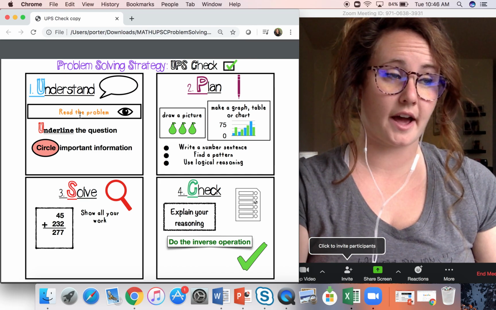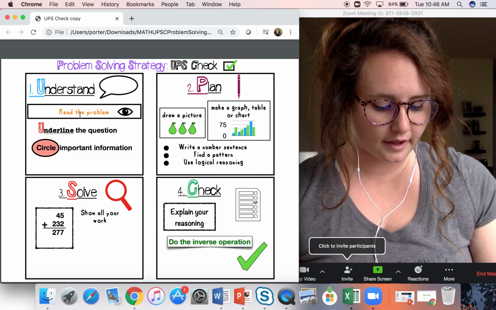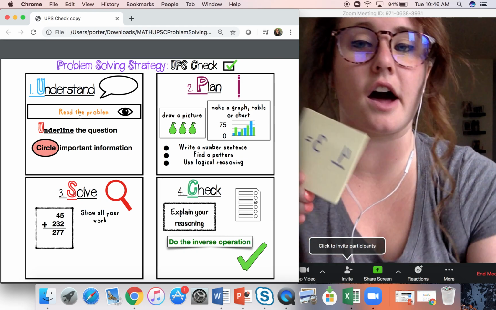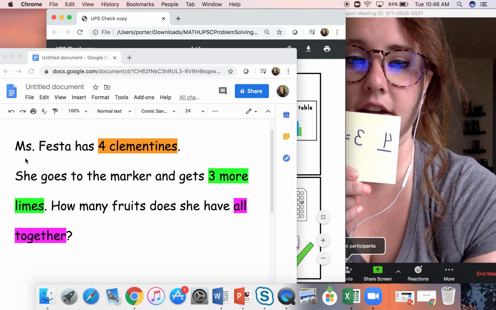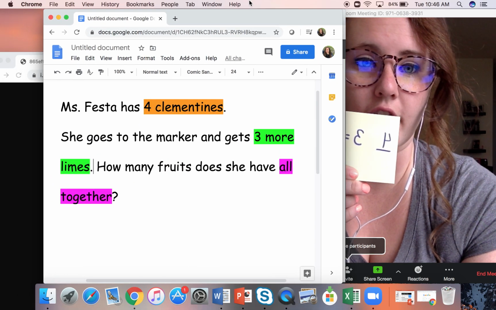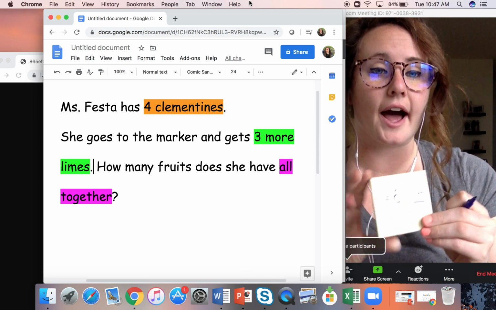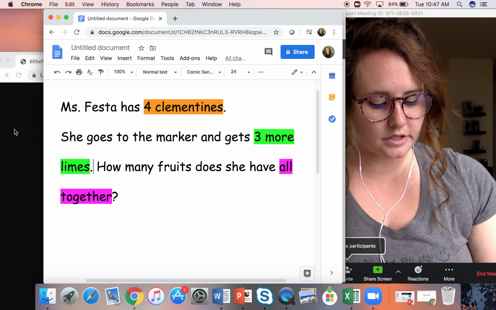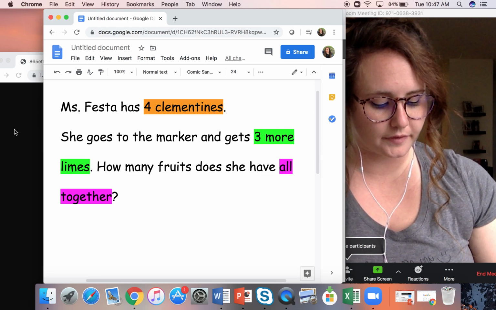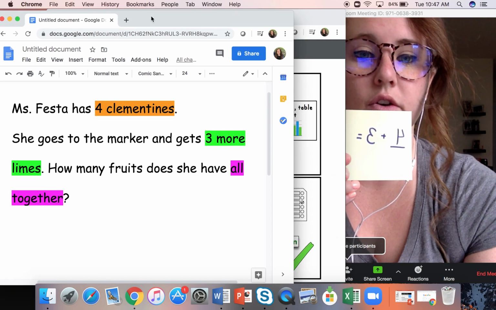I have my 3 limes. And then I look at my other word that I highlighted, which is the all together. So I know all together I'm adding. That's one of my adding words. So I'm going to put in my addition symbol, and then I have my number sentence to go along with my word problem.